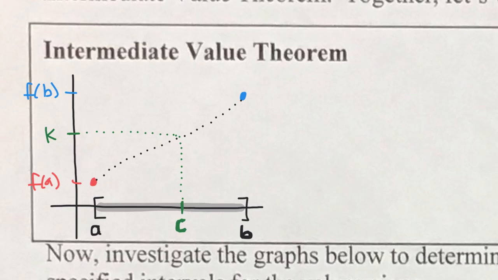It really doesn't matter what letter we're using, but just know that there is a y value in between your two endpoints, and this y value will correspond with an x value that is inside of your interval. That's what the intermediate value theorem says: there is some y value between these two endpoints, and there exists a corresponding x value within this interval. Let's write that down formally and see what it says.